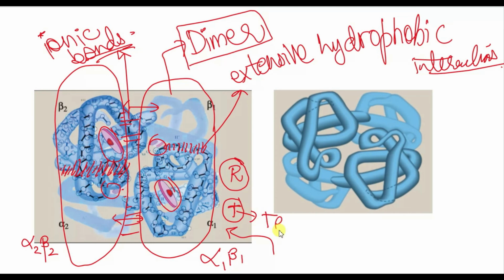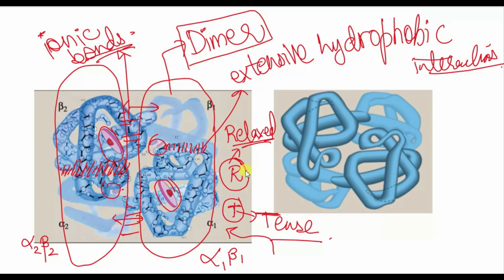T means tense conformation. Tense means it is tightly bound to one another, and R means relaxed conformation, meaning the polypeptide chains are relaxed and not as tightly bound to one another as they are in the tense conformation. So it's difficult for the oxygen molecule to attach to the hemoglobin in the T conformation, but much easier to attach to the R conformation.